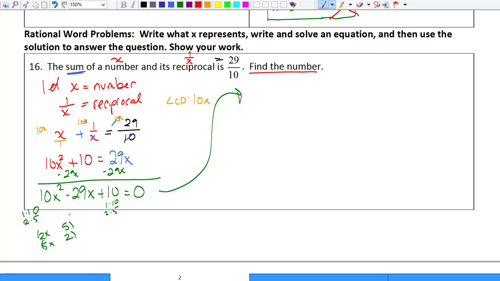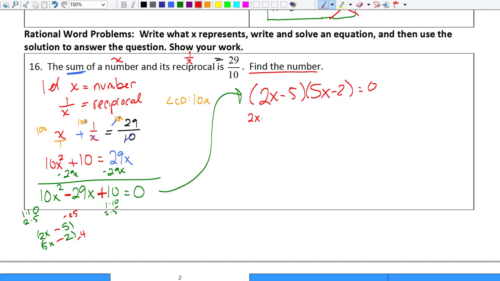When I multiply across, I'm getting 25 and 4. The positive on the 10 says both signs are the same. Both signs have to be whatever the sign of 29 is in order to add to the negative 29. So that's both negative. And yep, that does work. So this factors into 2x minus 5 and 5x minus 2.